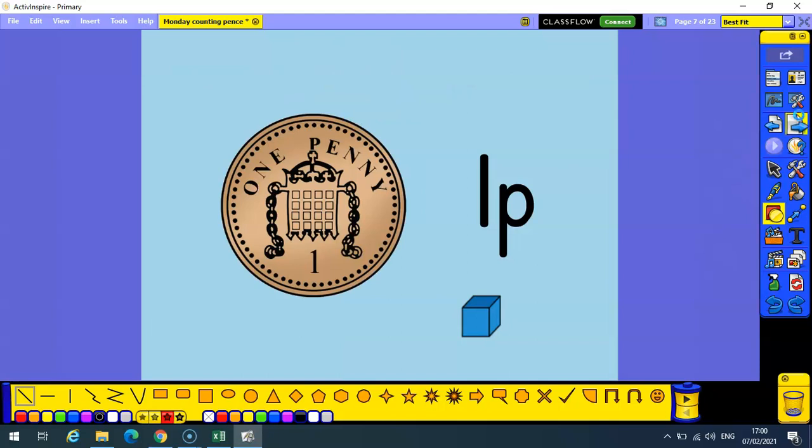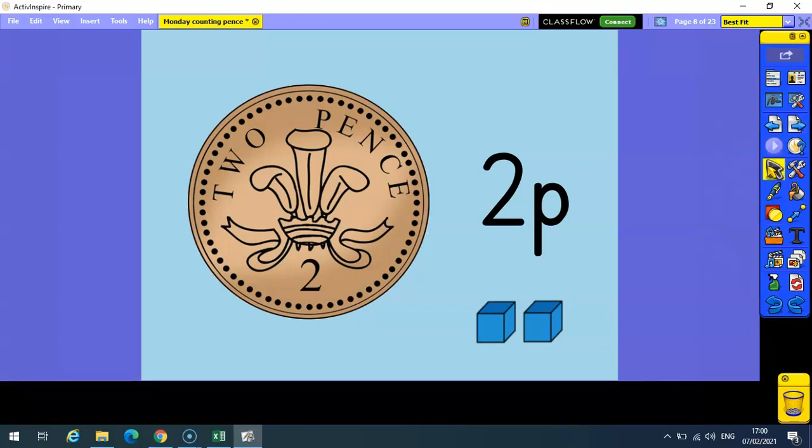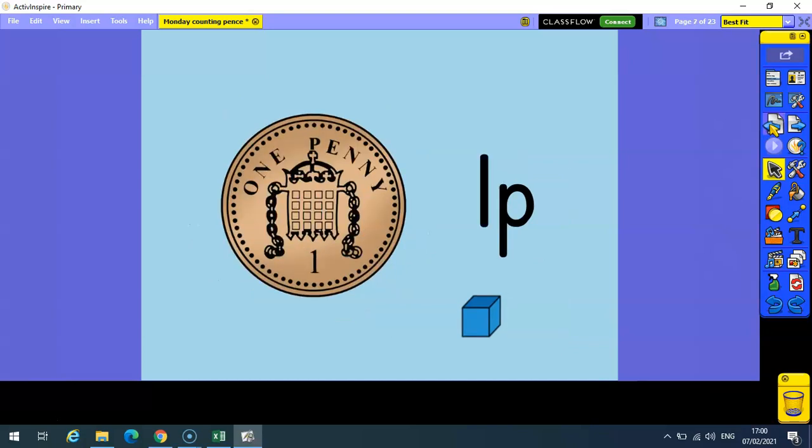So we've got 1 penny and we've got 2 pennies, 2 pence. 2 pence is worth 2. This is the second biggest coin, and it is larger in size than a 1 penny. So you know that it's worth two 1p's.